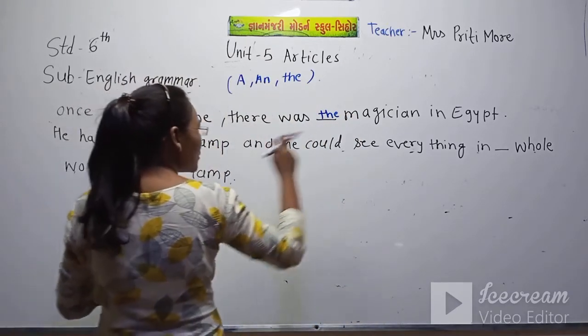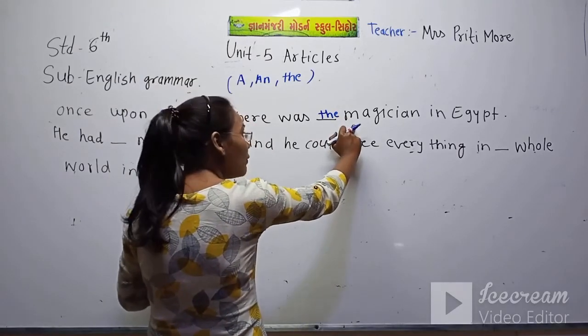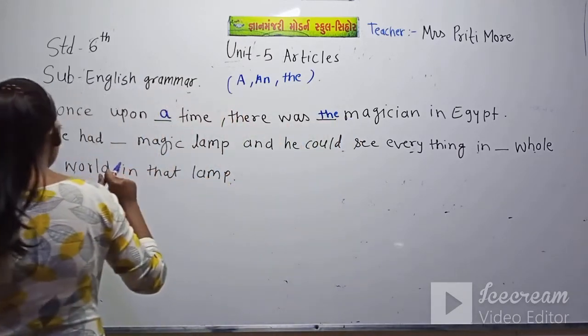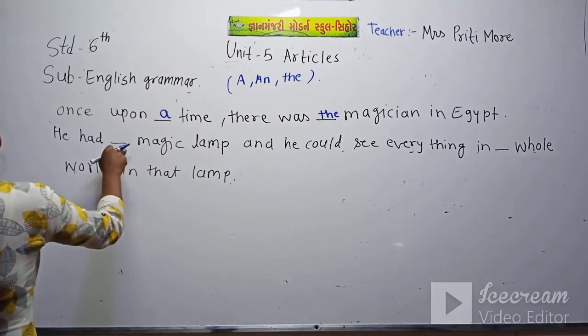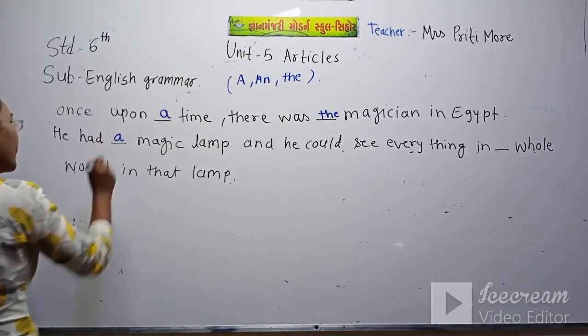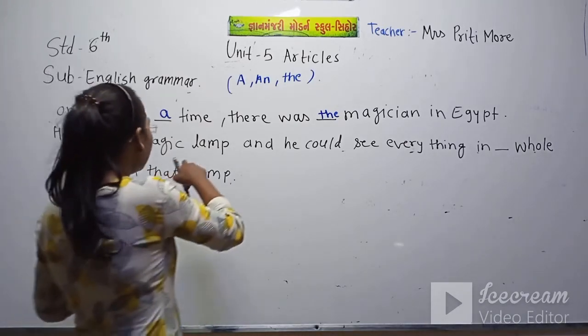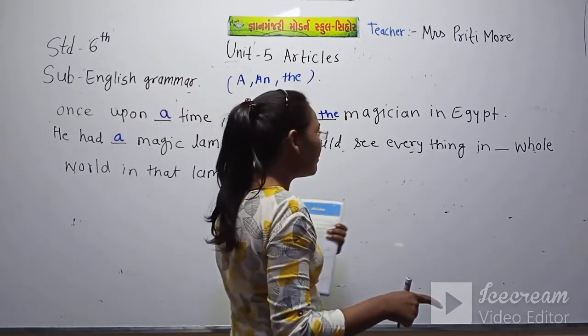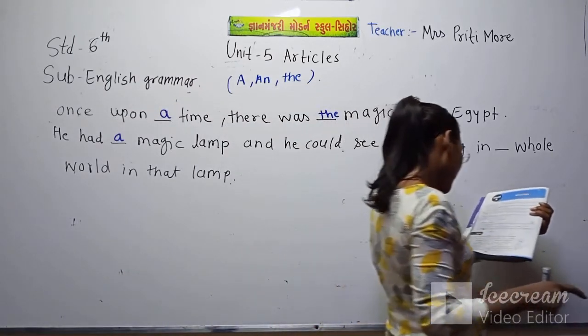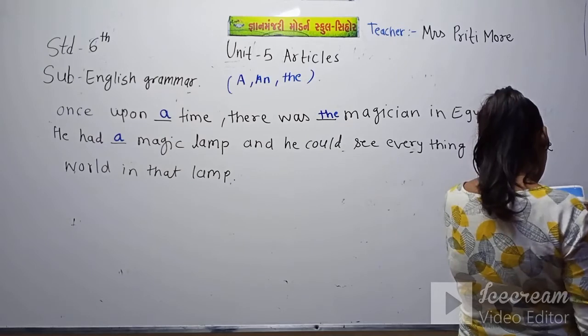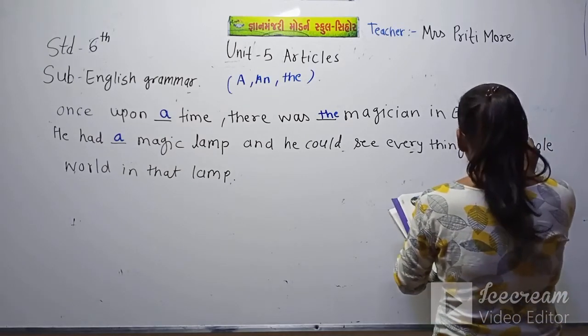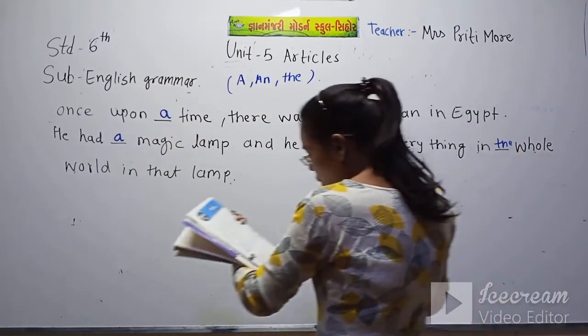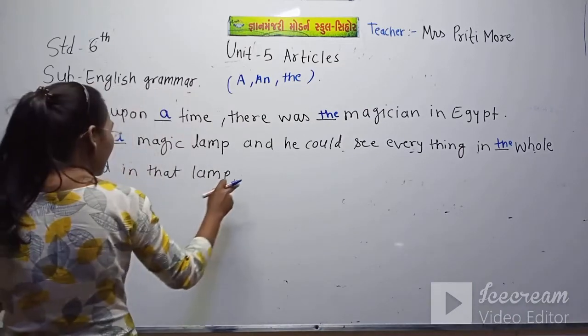That means that was the famous magician which everyone knows. So the magician, he had a magic lamp, and he could see everything in the whole world in that lamp.